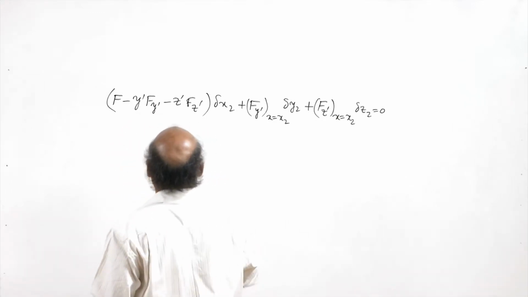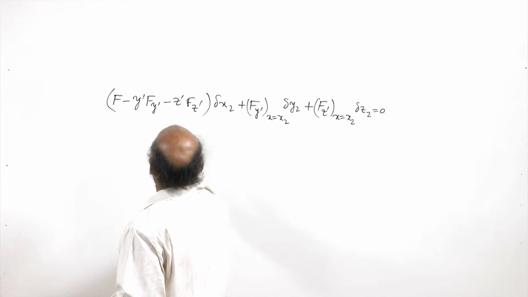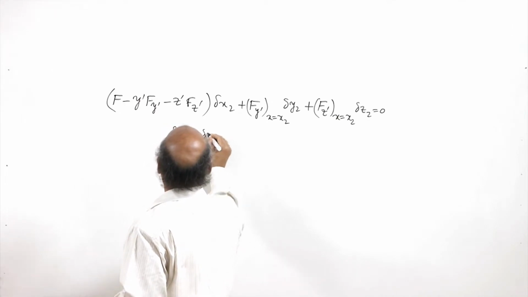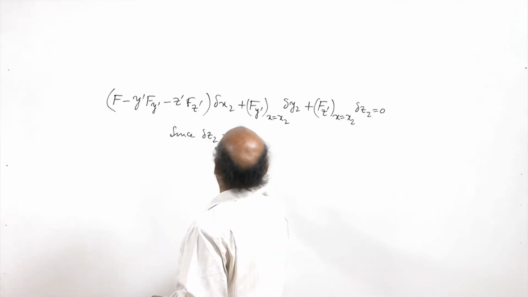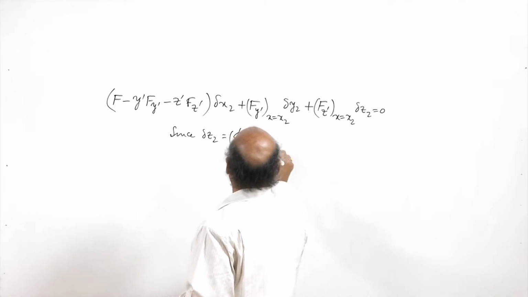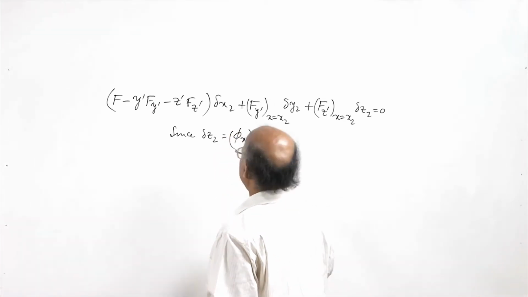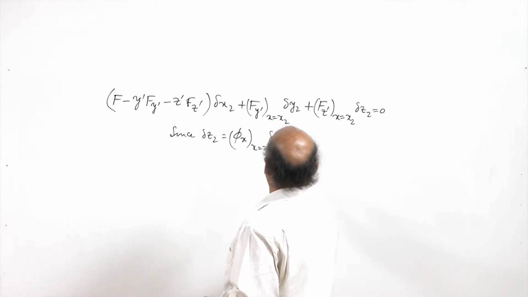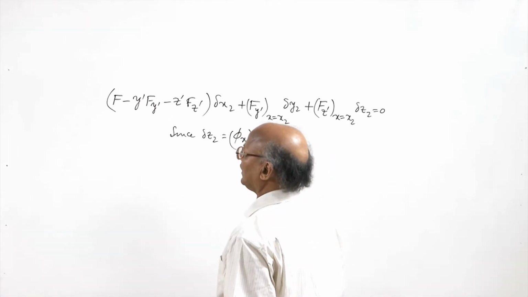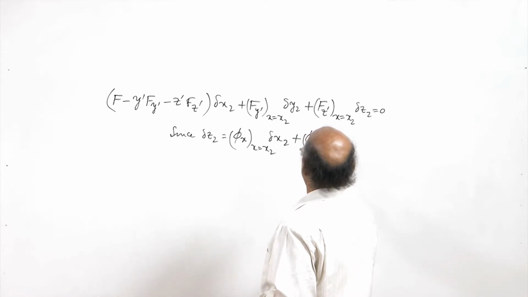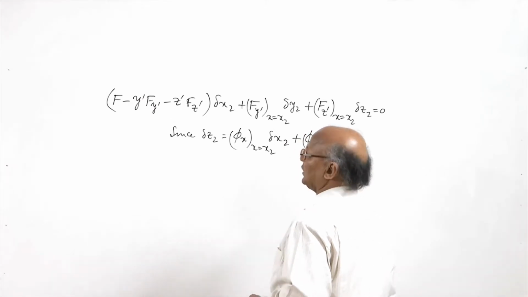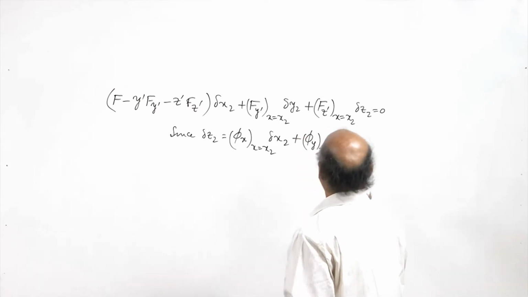Delta z2 is equal to phi x2, phi x2 means phi x at x equal to x2, delta x2, plus phi y at y equal to y2 or x equal to x2, then delta y2.